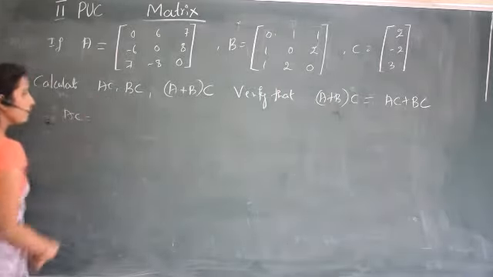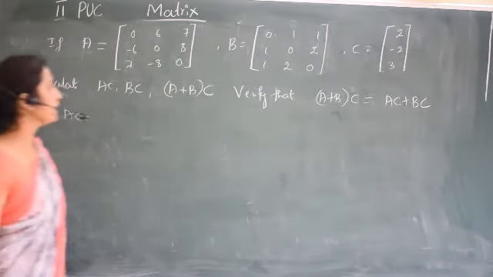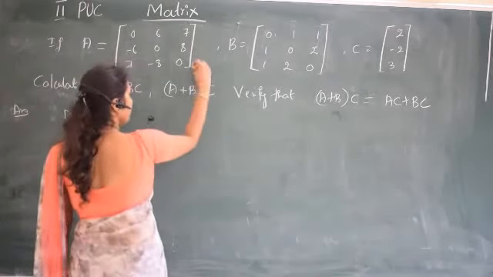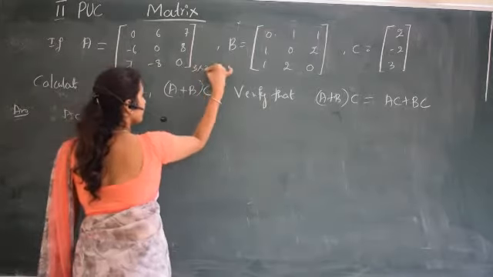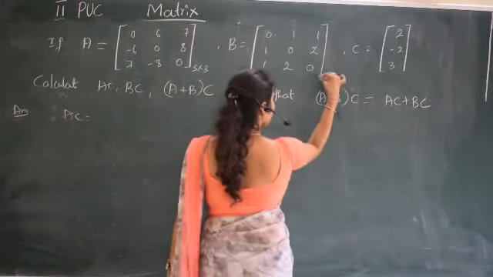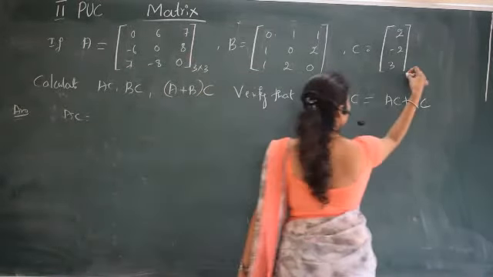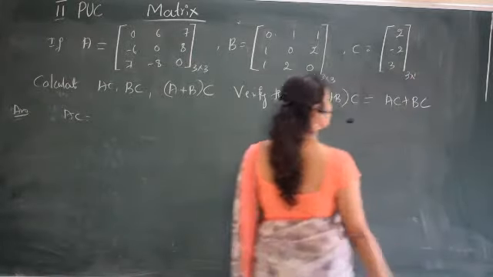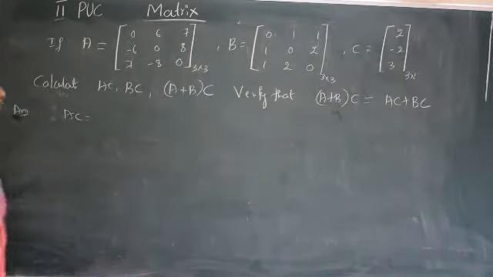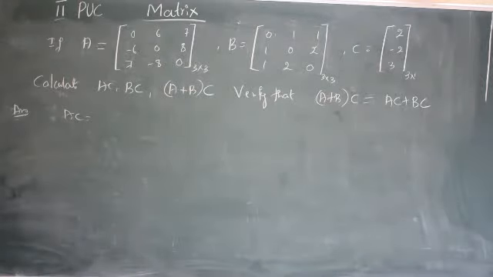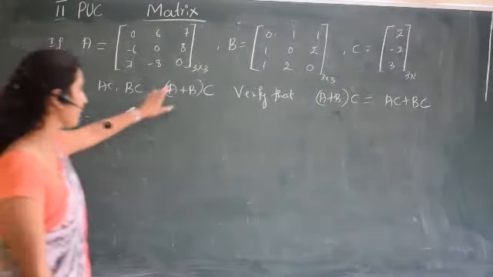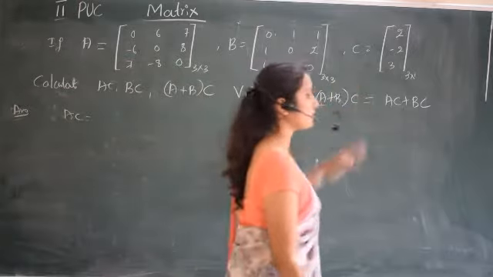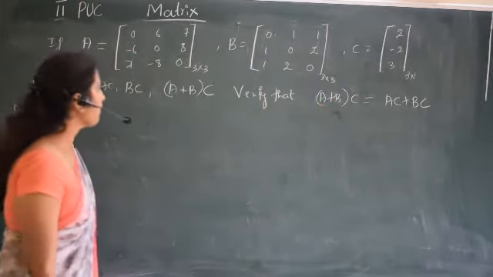A into C. First we see what A into C is. A is a 3 by 3 matrix and C is 3 by 1, with 3 rows and 1 column. So AC is 3 by 3 times 3 by 1, and the answer is 3 by 1.